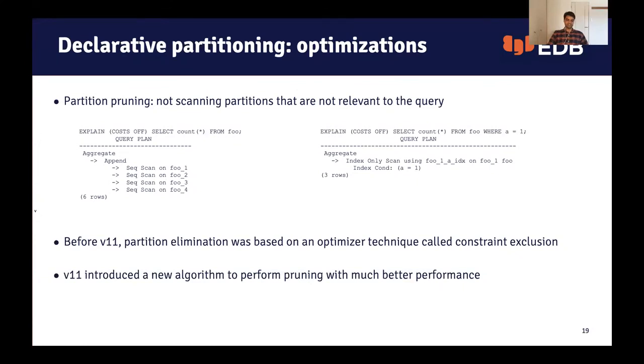On the left-hand side, there is no filter, so the query scans all partitions, but on the right-hand side, there's a filter and it selects the partition to scan. As I mentioned in the beginning, Postgres has long had a feature called constant exclusion, which underlied the pruning process. But in version 11, a new faster algorithm is now used for partition pruning.